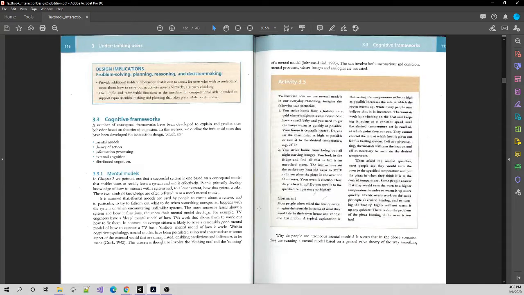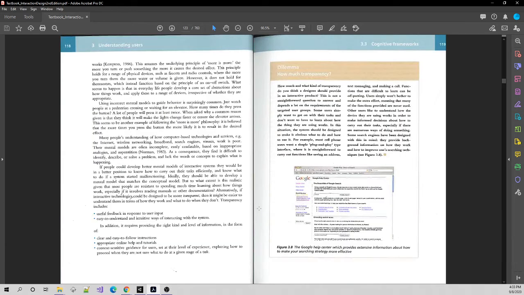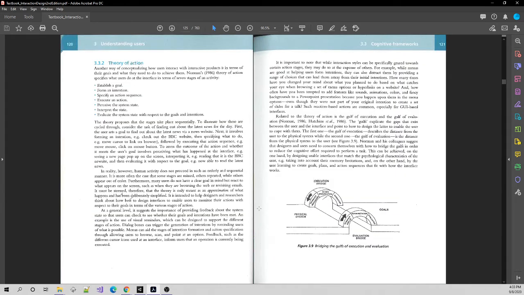And I wanted to, the external cognition, I think I had a point on. So theory of action, I was just talking about establishing a goal, forming an intention, specifying a series of actions, an action sequence to achieve what you need to, and then going through each of those actions, almost like an algorithm, to hopefully at the end of your series of actions, you've achieved your goal.